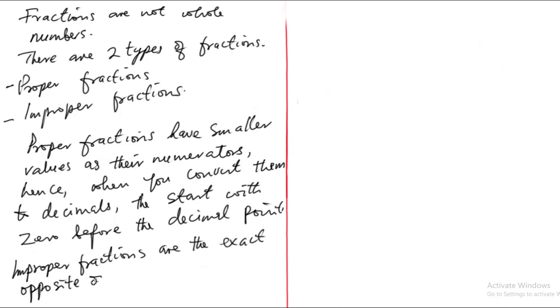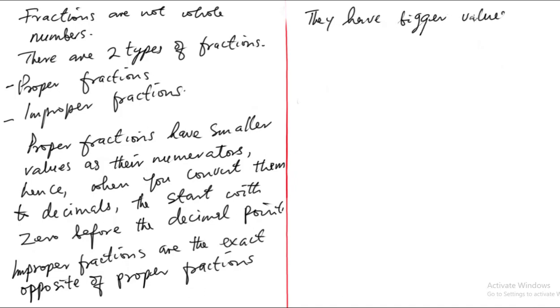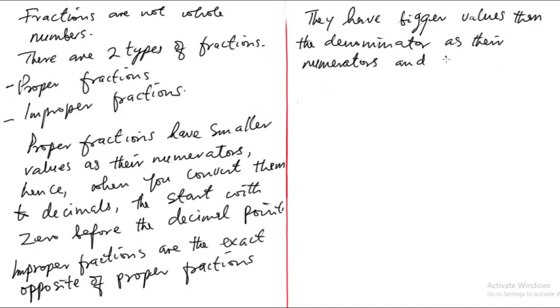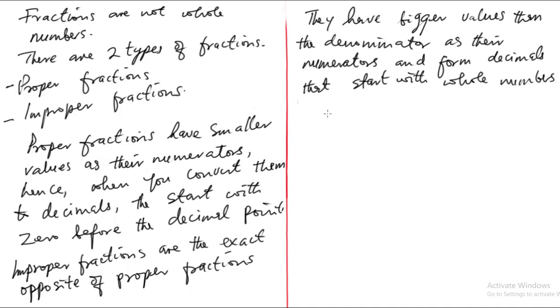Because their numerators have a bigger value than the denominator, when we convert them to decimals, they don't start with 0, they start with whole numbers before the decimal point.